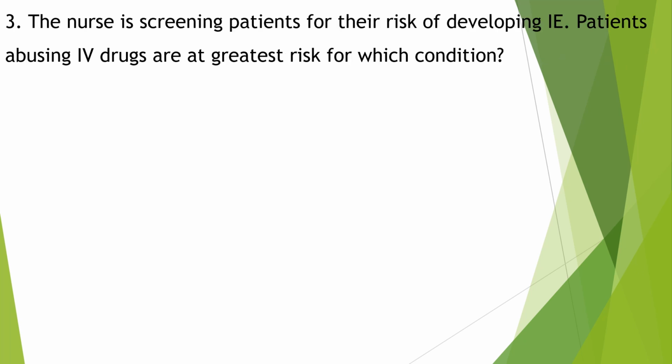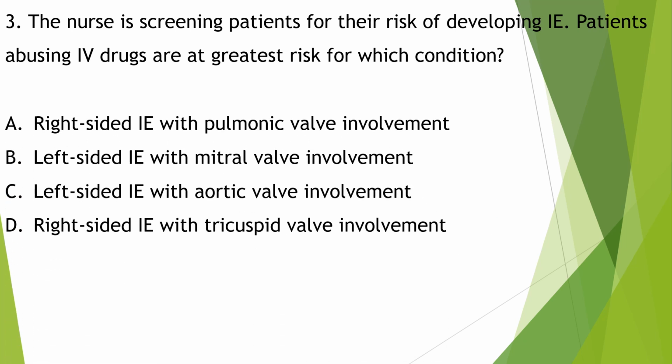The nurse is screening a patient for the risk of developing infective endocarditis. Patients abusing IV drugs are at greater risk for which condition? Right-sided IE with pulmonary valve involvement, left-sided IE with mitral valve involvement, left-sided IE with aortic valve involvement, right-sided IE with tricuspid valve involvement.